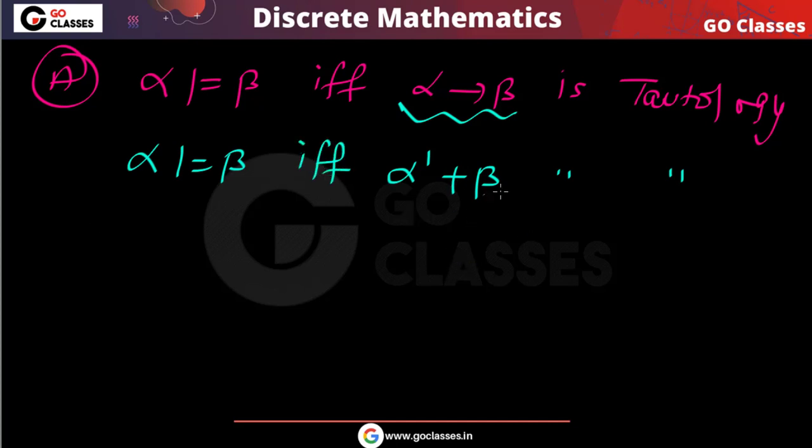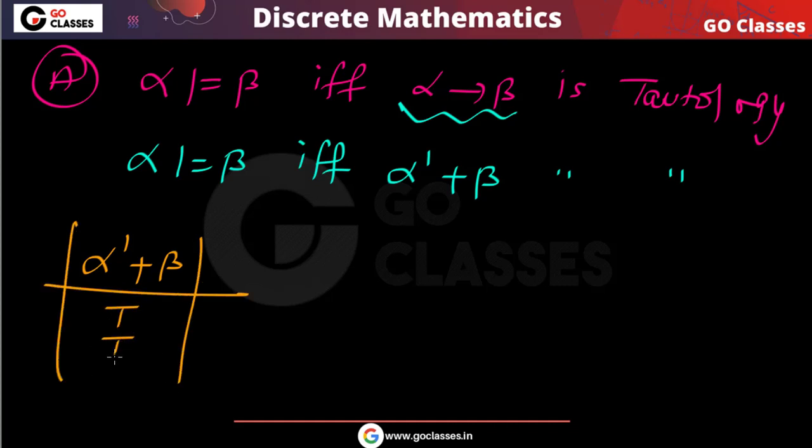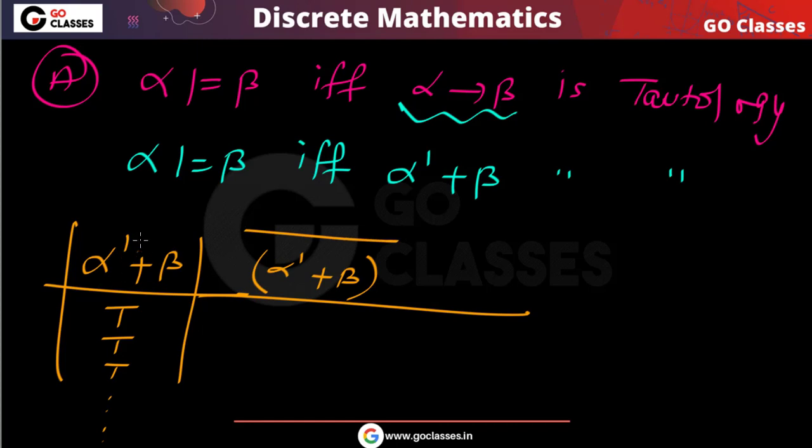Now if negation alpha or beta is a tautology, then what can you say about its negation? Negation of it will be unsatisfiable.